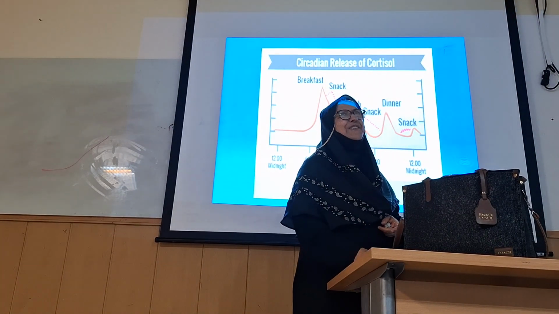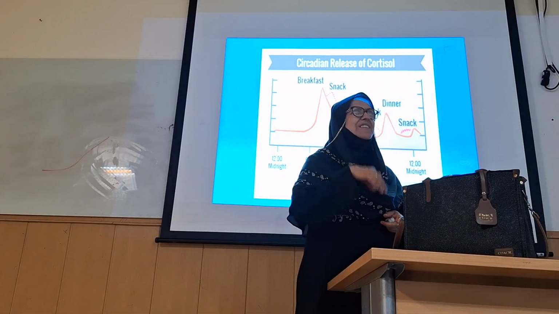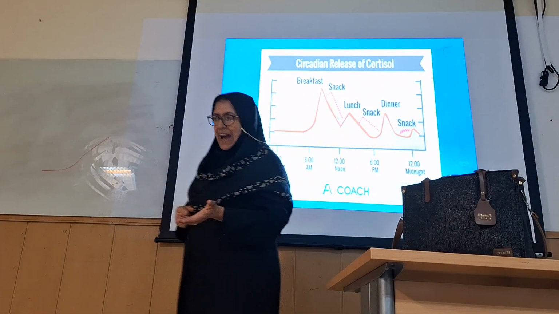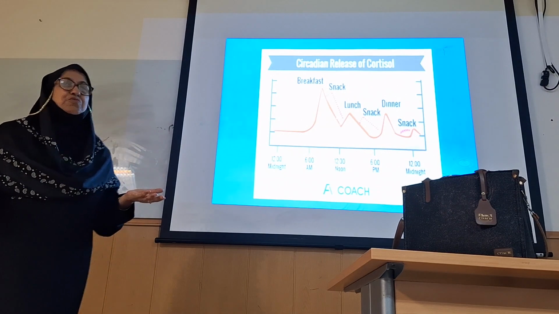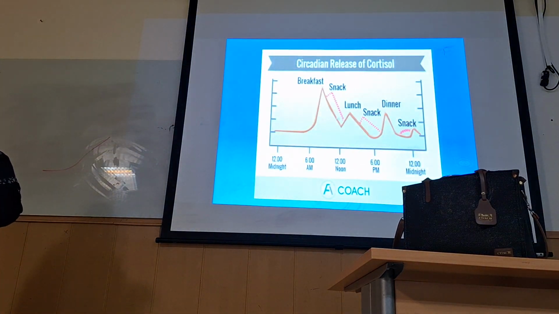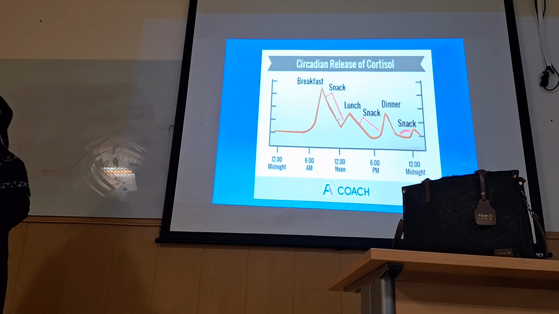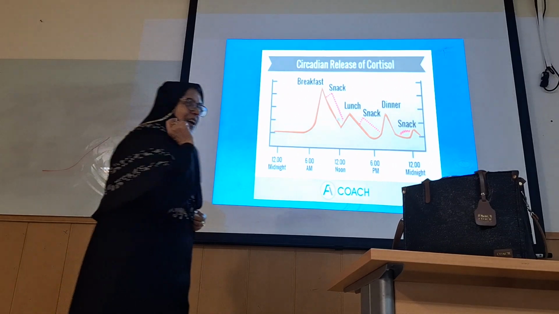Aldosterone has a 1 day half-life. Cortisol has a 3 to 4 hour half-life. But insulin has a 6 minute half-life. Do you understand? Please listen to me, I repeat for you.